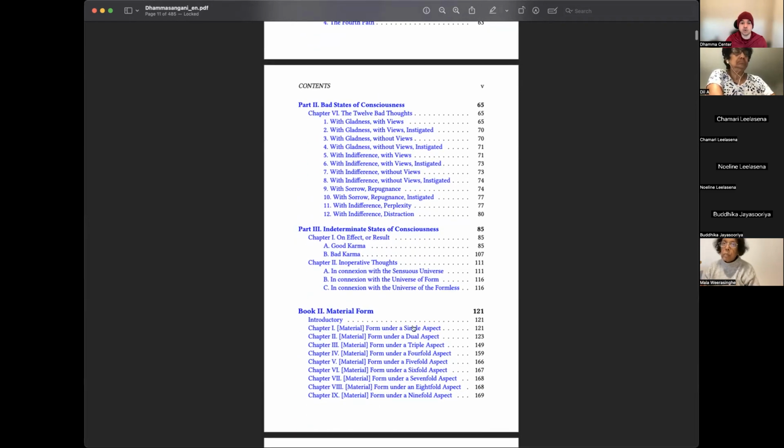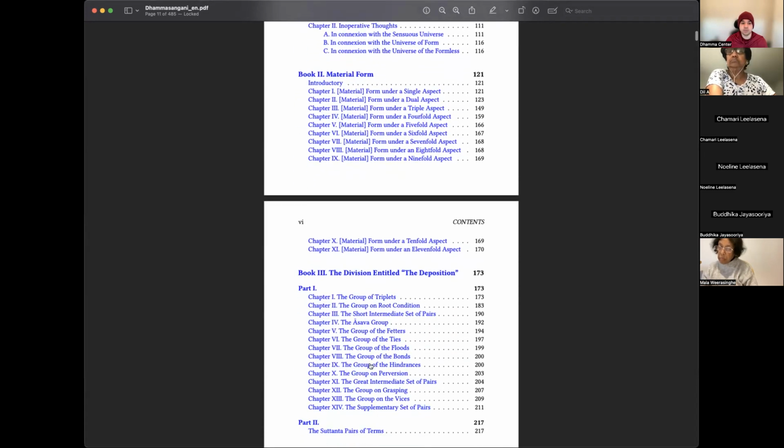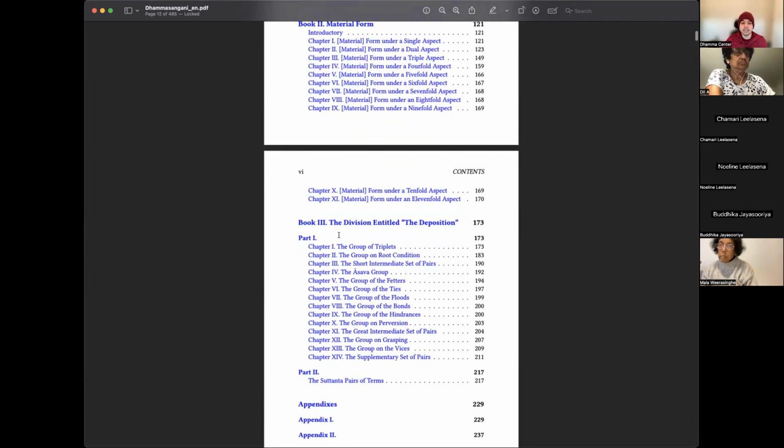Book 2 is Rupa Kanda, 121 onwards. Book 3 is Nikkepa Kanda. And in book 3, the last part, here you find the Suttantika Dukkamatikas. So this group of triplets and all that is here, these are explanations.